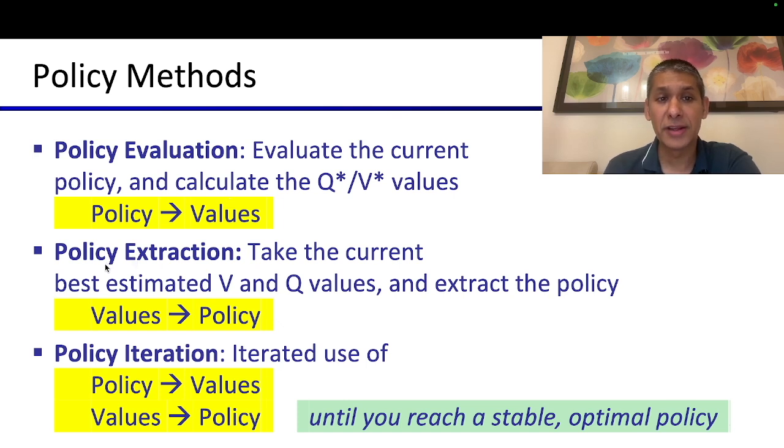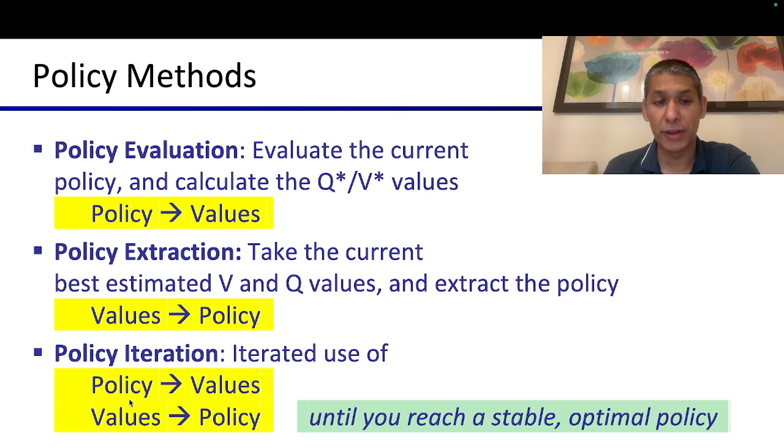The other part is sort of the reverse, which is called policy extraction. Let's suppose you're given the best estimated V and Q values; extract the policy. Given values, come up with the policy. Then there is the concept of policy iteration, which is essentially the iterated use of evaluation and extraction until you reach a stable optimal policy.